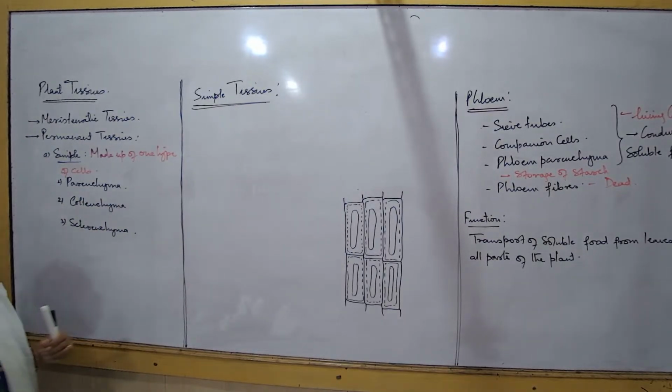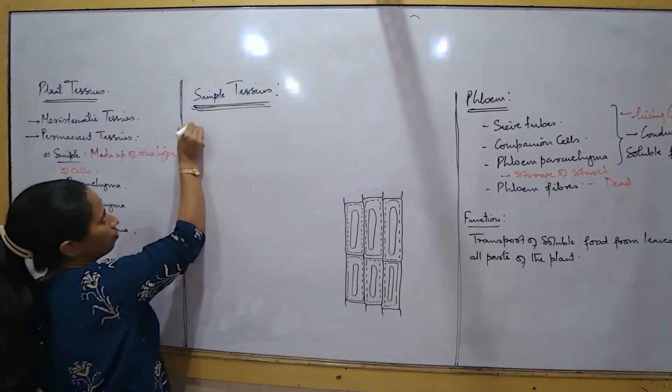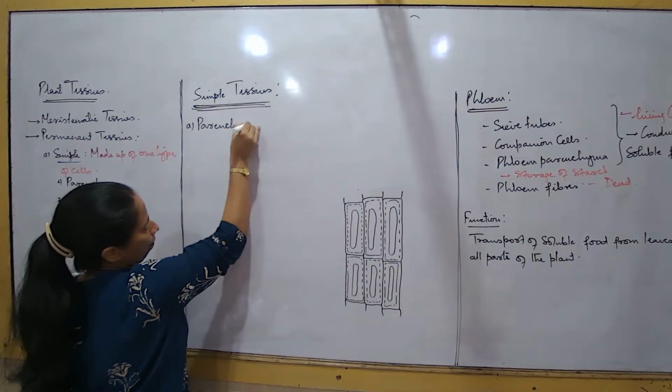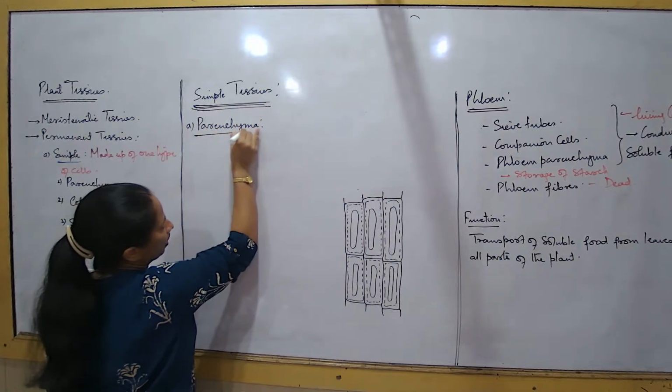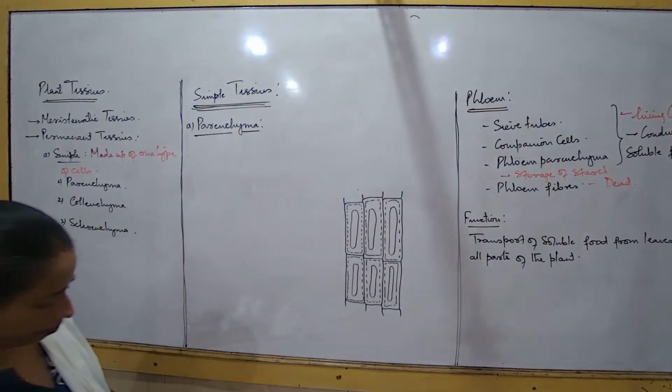We are going to study types of simple tissues. The first type of simple tissue that we are going to talk about would be parenchyma. What is parenchyma? Where are they present? What are some of their features? Let us learn.